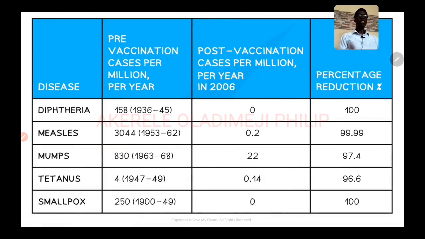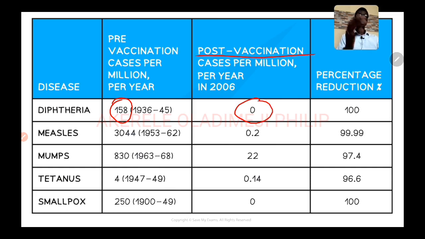Now, this table explains the different diseases that affected the human race or the world years back, and what happened when we began to introduce vaccines. You can see here that diphtheria used to be this large, like 158 million thereabout, then reduced after vaccination.